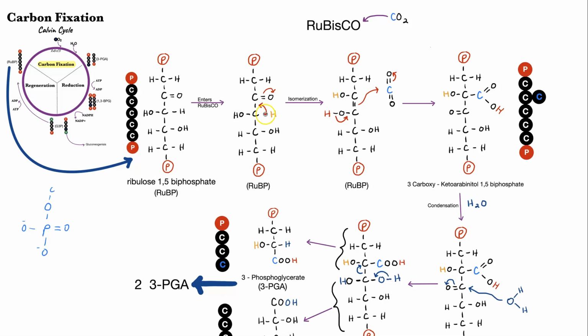As my arrows show, this is a pair of electrons moving to this bond here, and this bond pushes out. It's not important that you understand this, but the bottom line is this pair of electrons will jump.